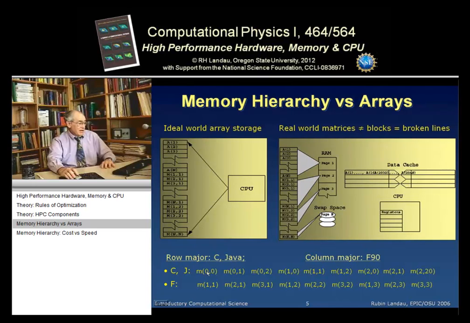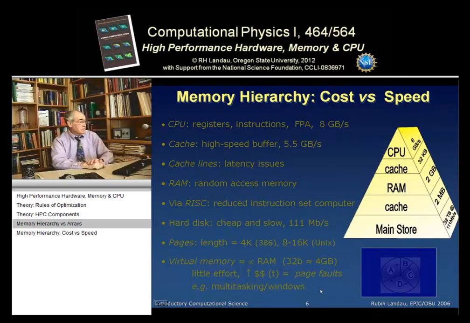One problem is that the diagonal elements in row major order, M00 and M11, are quite separate from each other. Beginning at 0 is just how things are done in C and Java. Beginning at 1 is the usual Fortran convention. And in Fortran, M11 and M22 are also stored apart from each other. So there's no obvious advantage to either. Whatever you want, you use.